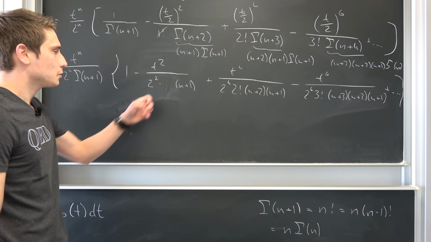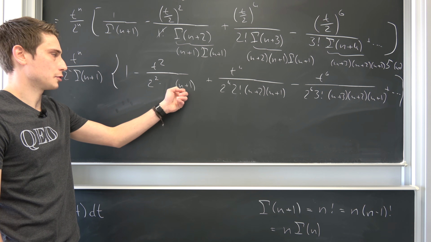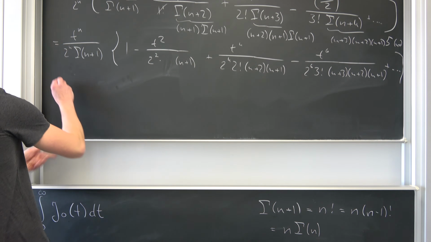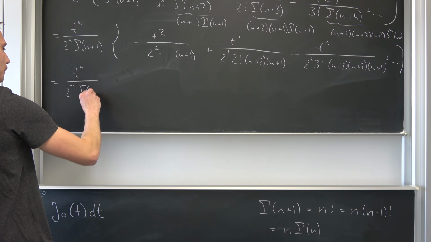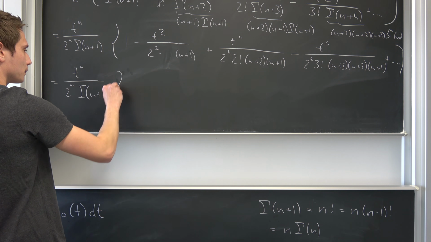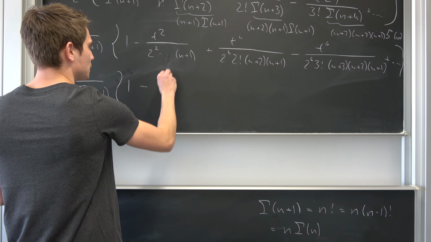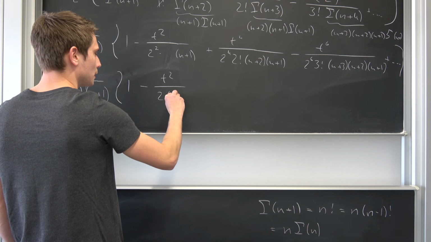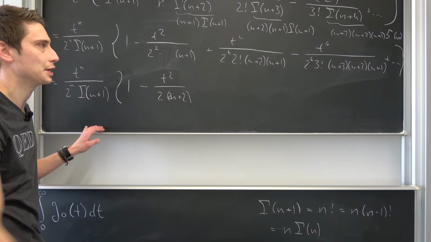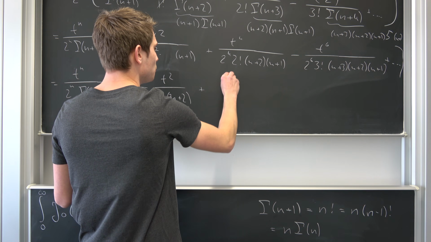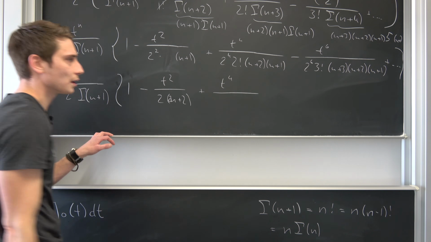Okay, what I want to do is I want to distribute a 2 into here, for example. So this is going to give us, okay, let's write everything out once again, t to the nth power over 2 to the nth power, gamma of n plus 1. Okay, then we have 1 minus t squared over 2 times n plus 2, 2n plus 2 actually, if we distribute 1, 2 into here. Then we have plus t to the 4th power over.